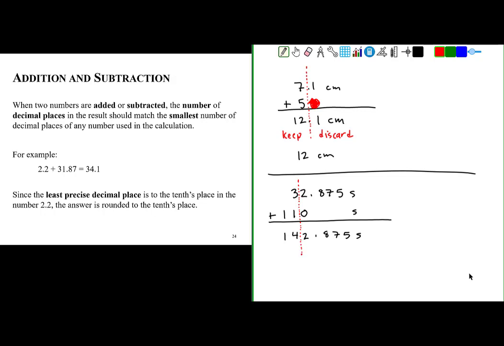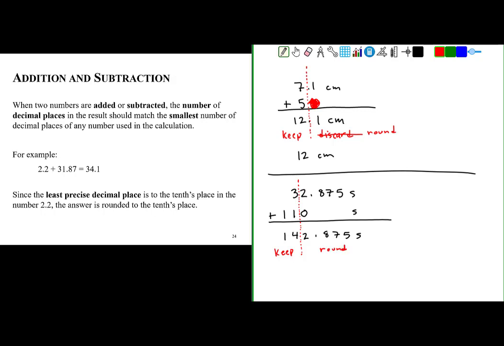I am going to discard anything to the right of the line. And what I mean by discard, I'm going to round to that. So maybe I should have said round instead of discard, because it's not that we're totally throwing it away. We're just going to round such that we have a number on the left, and we're not going to have any numbers or zeros on the right, depending.